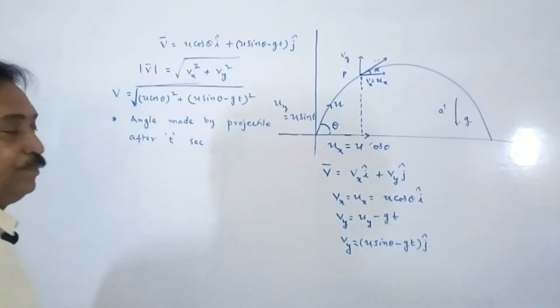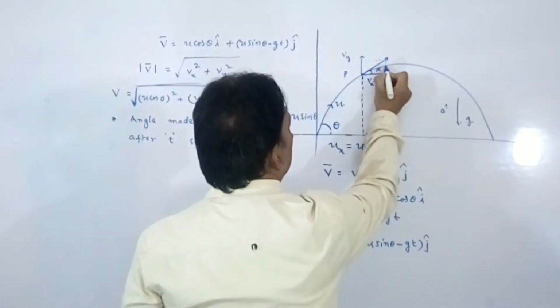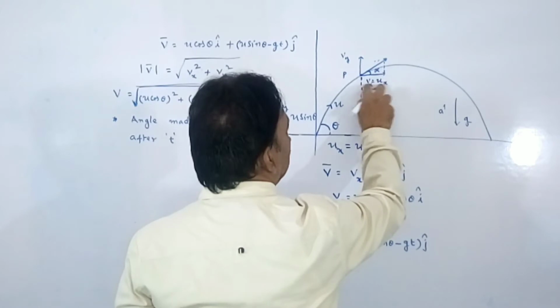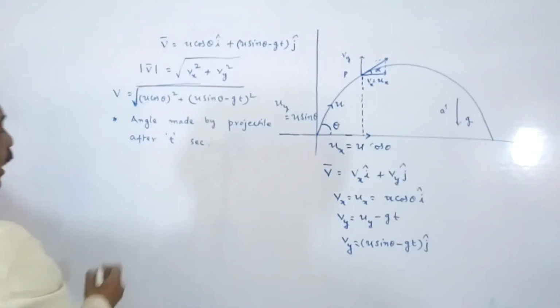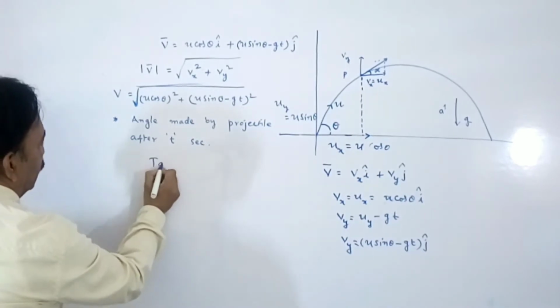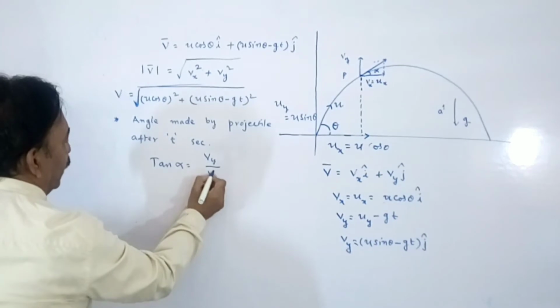Okay, as you know, it is the vertical component and it is the horizontal, it is the alpha. From the diagram we can write tan alpha is equal to Vy by Vx.